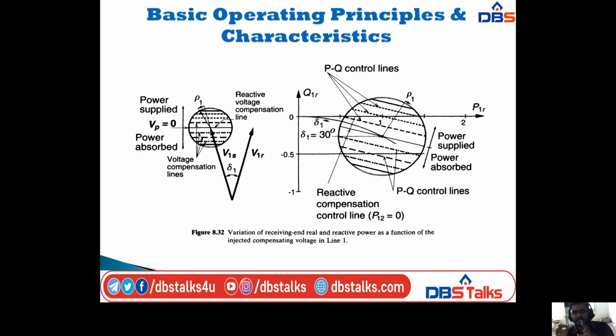Here we have the control lines above and below the transition line. Here we are taking the angle delta 1 equal to 30 degrees, that is the chosen angle. So here the reactive compensation control line is 0.